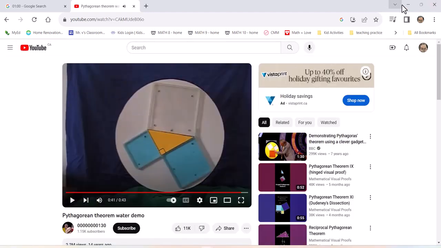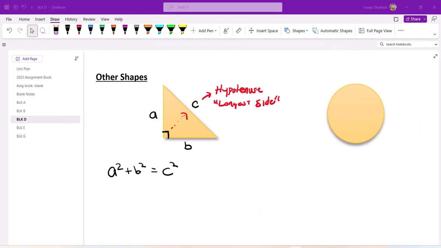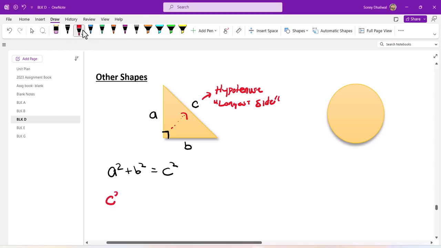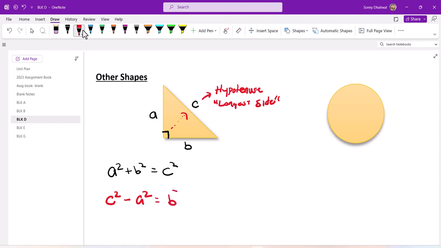So we use this relationship if we want to find the longest side. But what if we wanted to find one of the shorter sides? There's a different relationship, very similar to this. C exponent 2 subtract A exponent 2. So the other way this formula goes, C squared, your biggest squared. This time we're subtracting one of the other smaller squares, equals the other one.